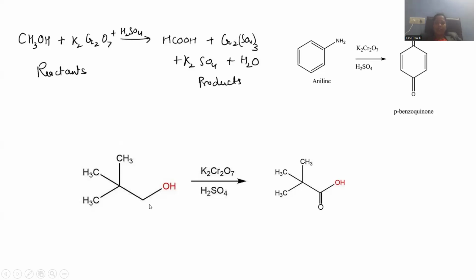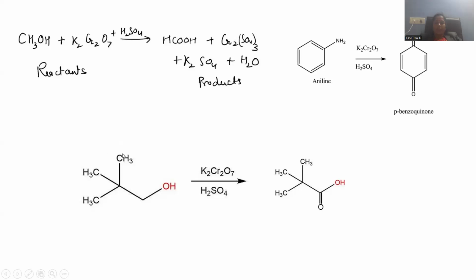We have another reactant. All these are specimen reactions for a better understanding of the applicability of potassium dichromate. Here it is very tricky in nature. I am taking an alcohol, but it seems to be tertiary. But on observation, it is not tertiary; rather it is primary.